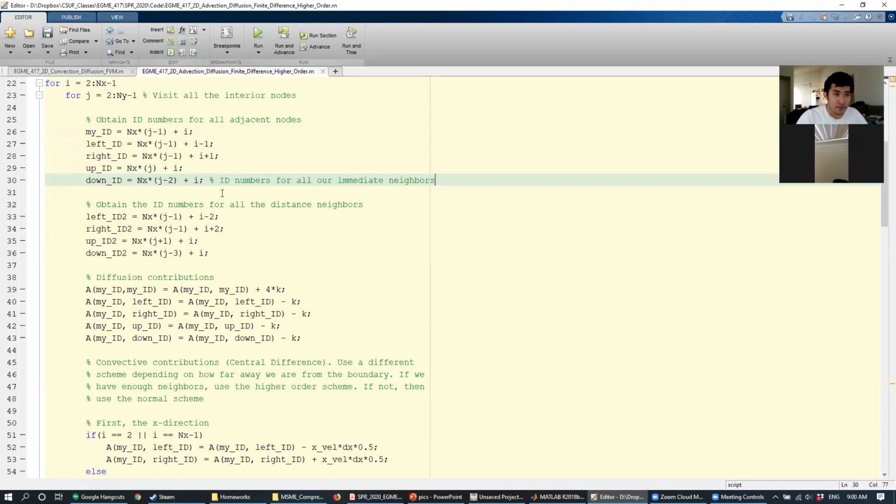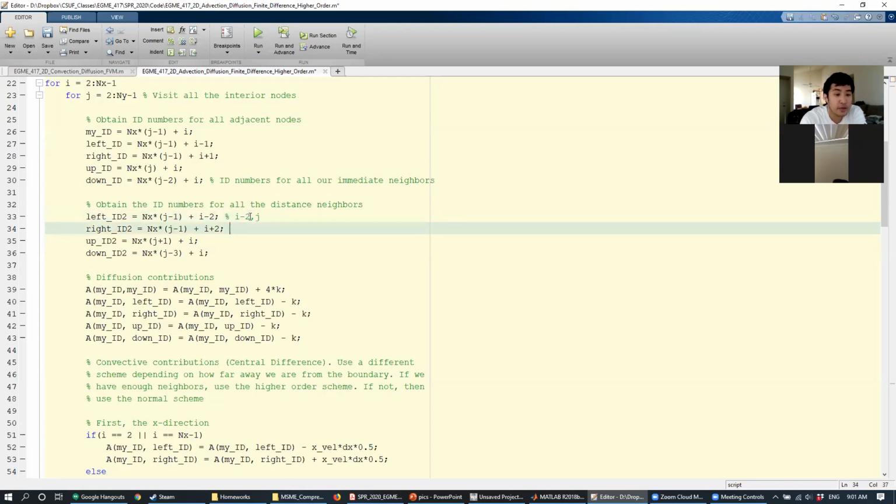And then to apply the higher order scheme, we also have to get the ID numbers for all of our distant neighbors. I've labeled them left ID2, right ID2, up ID2, and down ID2. To tell you how these are referenced in the formula, left ID2 would be i minus 2, comma j.